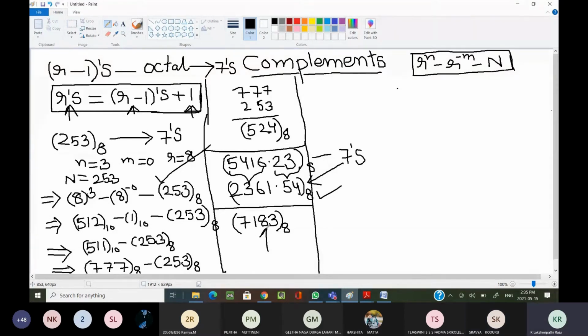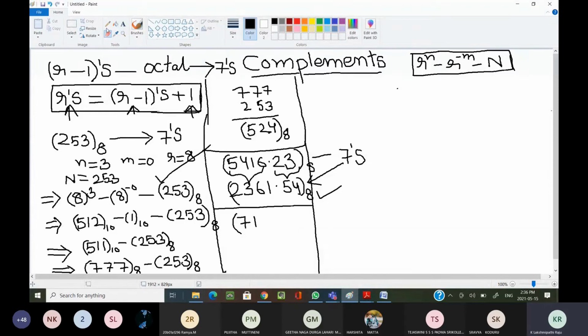I have written it intentionally, to see whether you are observing this number carefully or not. That is the reason I have written it. Those who have identified it, very good. We don't have any 8 in our octal number system.